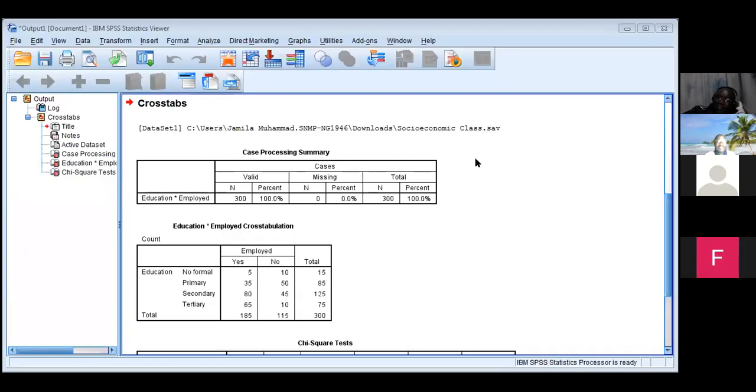Yes, great. Scroll down. What's happening? Sorry, a different screen is showing again.